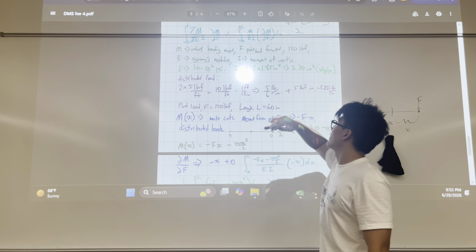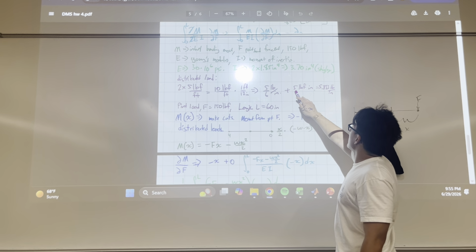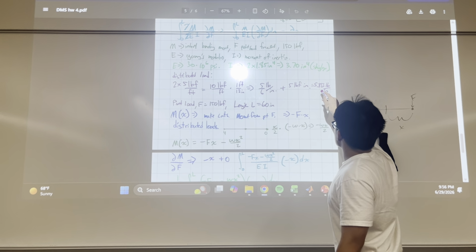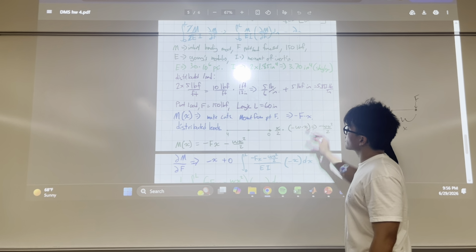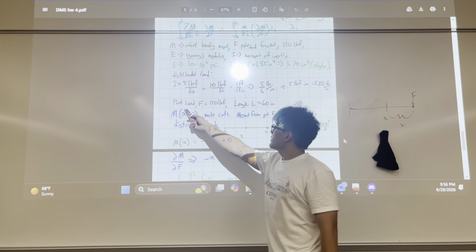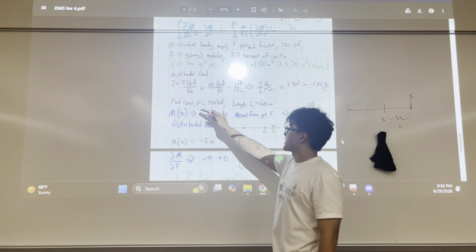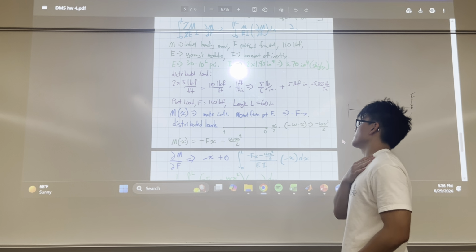It didn't say in the problem, but it's shown in the picture, and that is 5 pound force per inch. When we add them together, it's 5.833 pound force per inch. The point load, given in the picture, is F equals 150 pound force, and the length is 60.